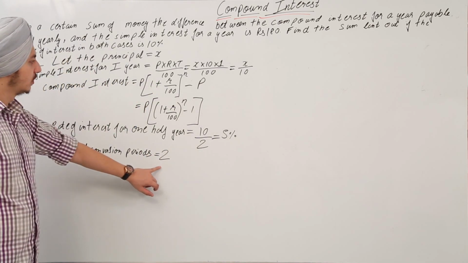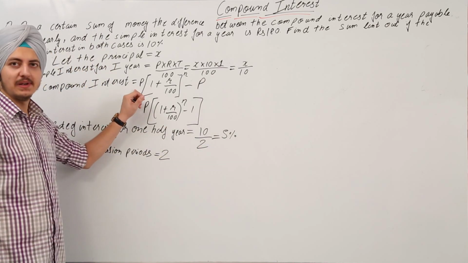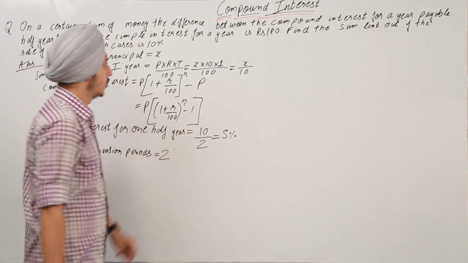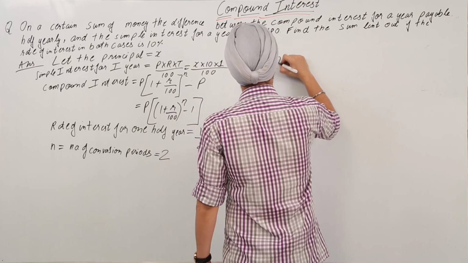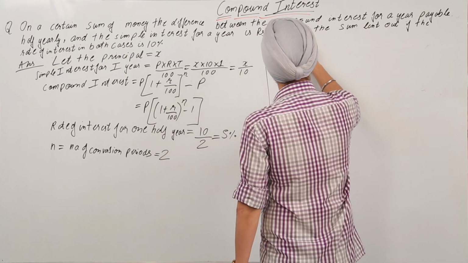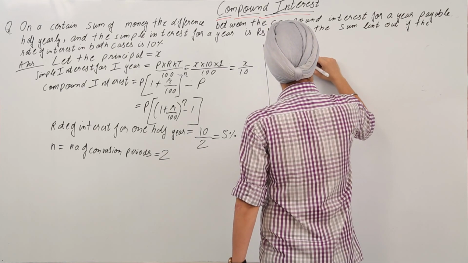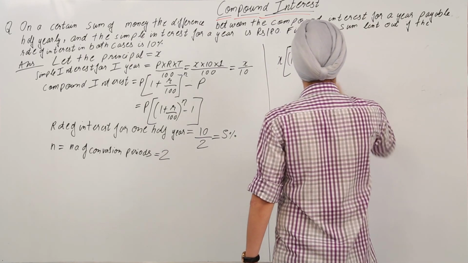So n is equal to 2, R is equal to 5, and principal is equal to x. We put all these in the equation. What do we get? We have x into 1 plus 5 upon 100 raised to power 2, minus 1.